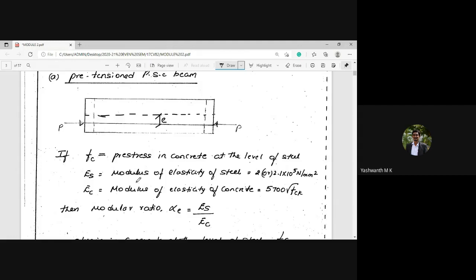Next, Ec, the modulus of elasticity of concrete, is equal to 5,700 root fck. I think I have discussed this in stress strain characteristics. This modulus of elasticity of concrete can be determined in two ways.